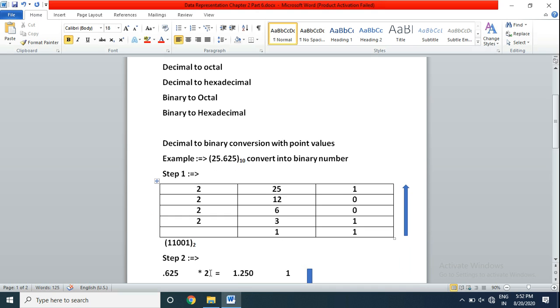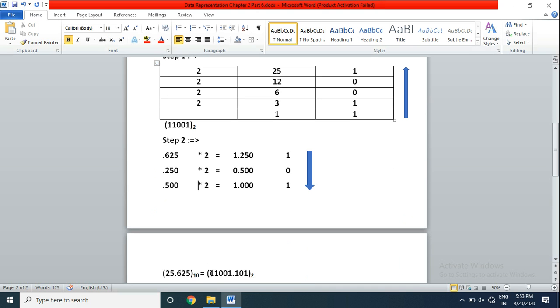In step 2, for the point values, we multiply by 2. So 0.625 multiplied by 2 equals 1.250. This 1 we write here, and the point value 0.250 we write here. Again multiply by 2, we get 0.500.